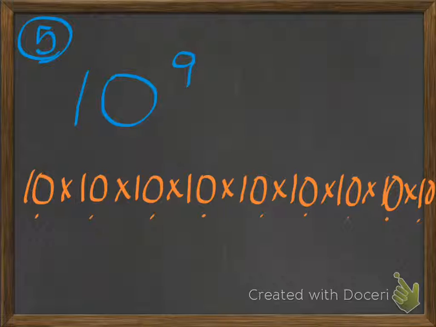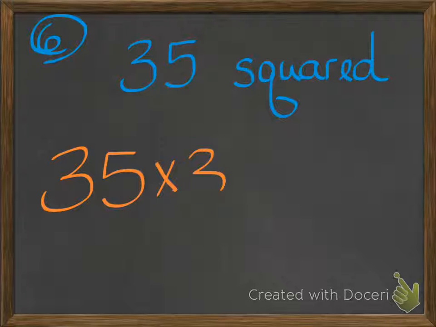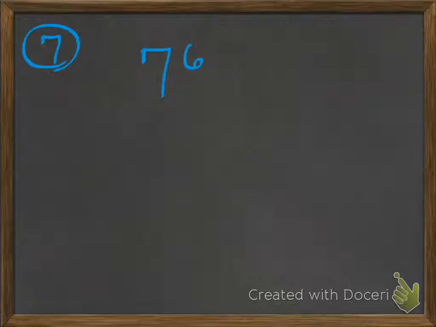And that is 10 to the 9th power. Number 6, 35 squared. Write that in expanded form. You should have written 35 times 35. 35 is the base number. Squared would be that number 2 is our exponent.